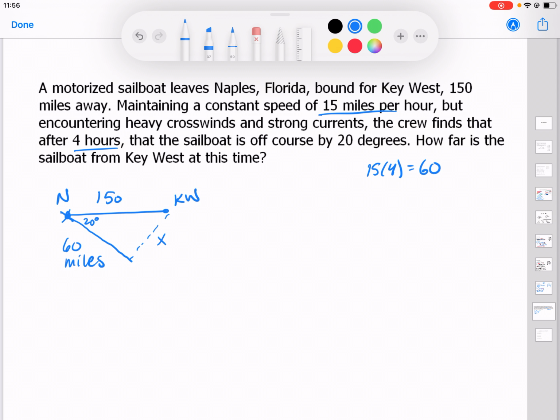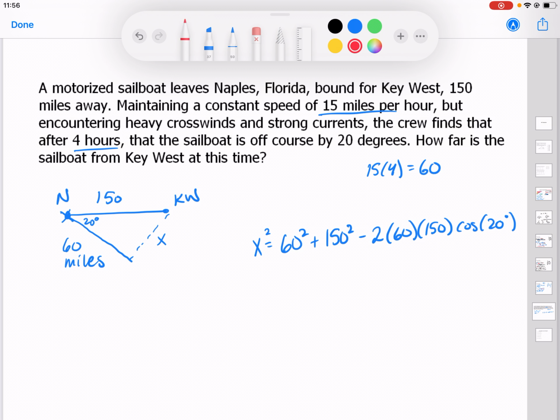So let's go ahead and find that value. We're just finding a side length. It's law of cosines since it's side angle side. So x squared is going to equal 60 squared plus 150 squared. So you just take those two sides, minus 2 times those two sides I just said again, multiplied by cosine of 20 degrees.